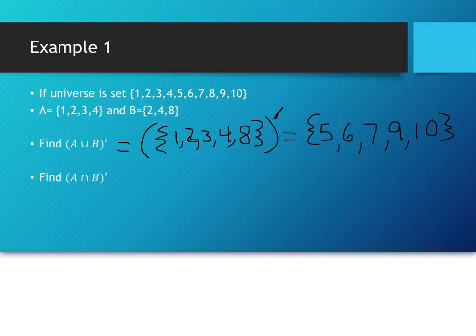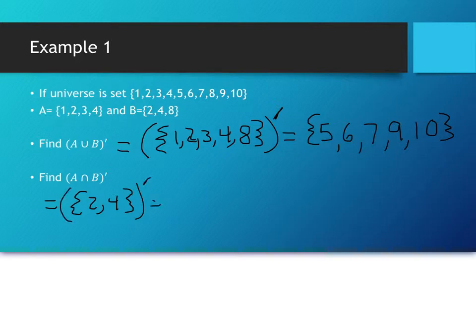All right, so hopefully you tried that. What we're going to do is take the intersection. The intersection of A and B is 2 and 4. And I want to take the complement of that.